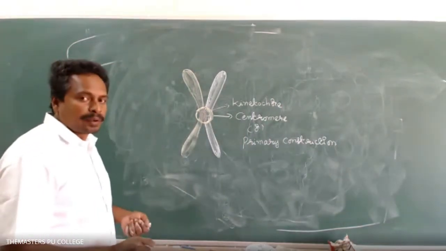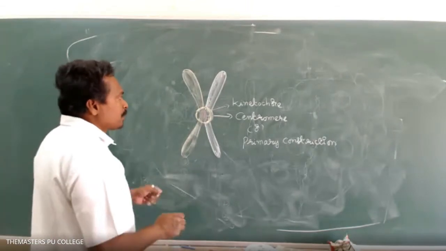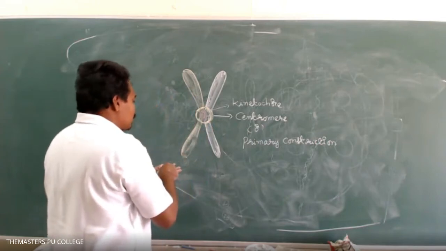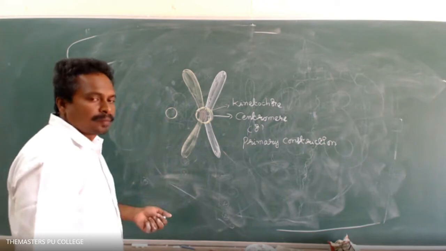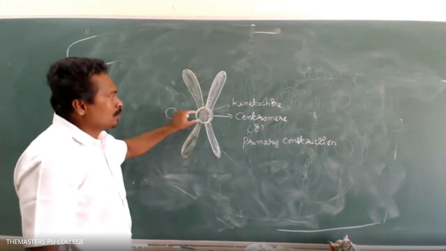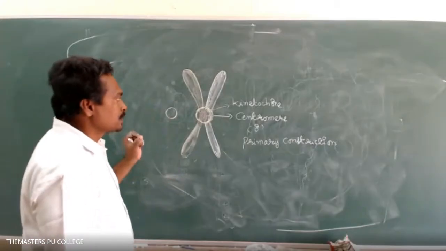Okay, what is kinetochore? The centromere or primary constriction is surrounded by the disc-like structure that's called the kinetochore region. Centromere is surrounded by which part? Kinetochore region.